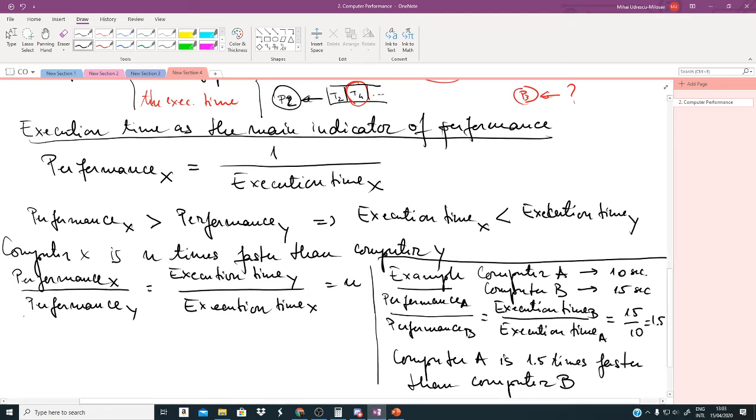Another thing that we have to mention here is that there's a certain way in which people in the field of computer architecture talk and express these figures and performance indicators.